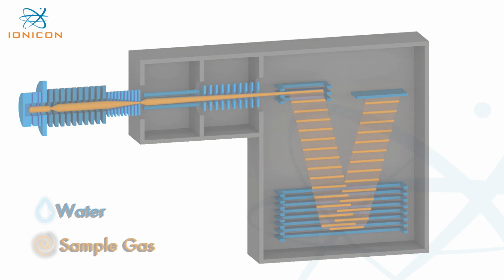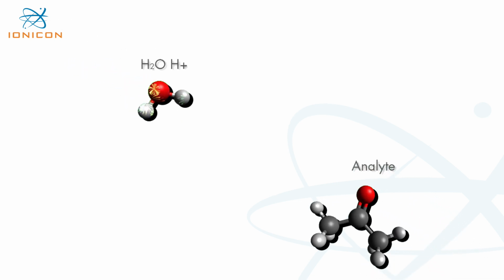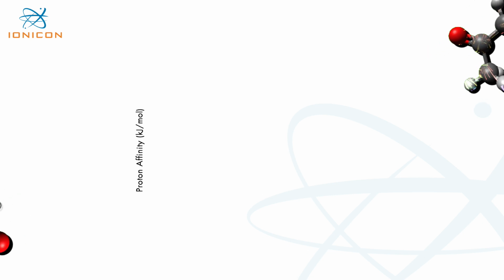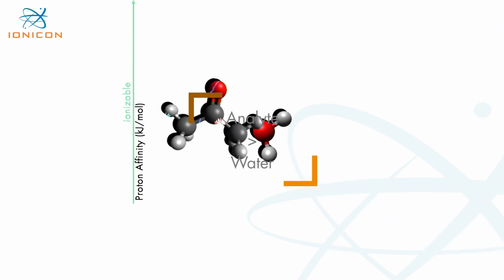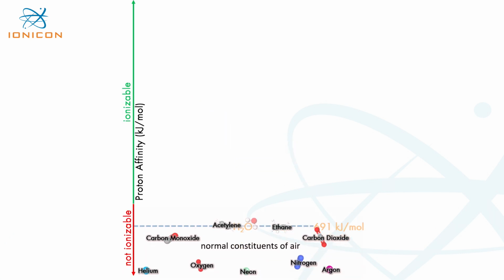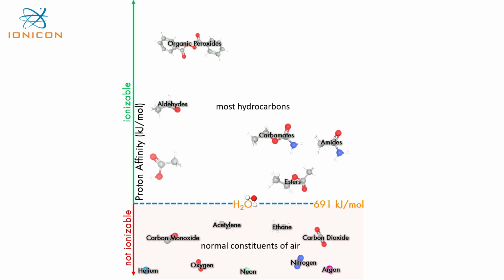Let's take a deeper look at the proton transfer process from H3O+ to an analyte and discuss the conditions necessary for it to occur. The key factor here is the proton affinity, since proton transfer from water to an analyte can only happen if the analyte's proton affinity is higher than that of water, which is 691 kilojoules per mole. Luckily, for a large number of molecules, this is the case.